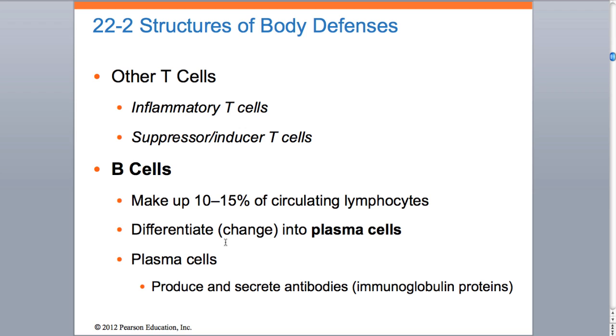We've already said that B cells deal with extracellular stuff, so bacteria that are outside. But in order for B cells to do their job, they have to change into plasma cells. So B cells will produce plasma cells. Now these plasma cells will in turn produce antibodies. So B cells turn into plasma cells that produce antibodies.